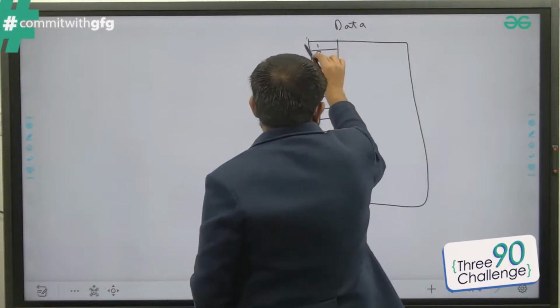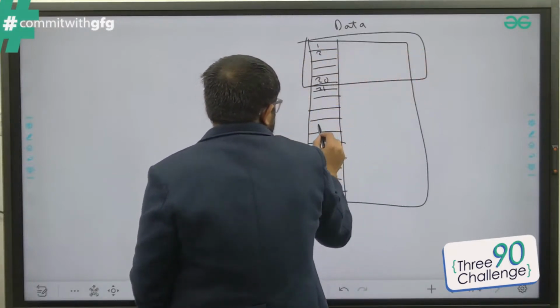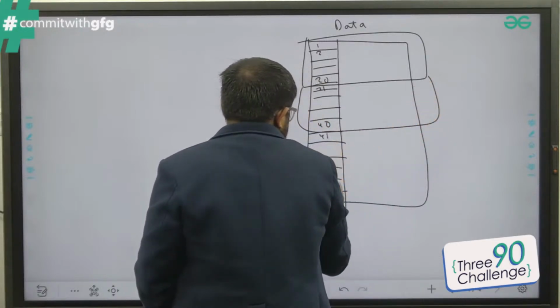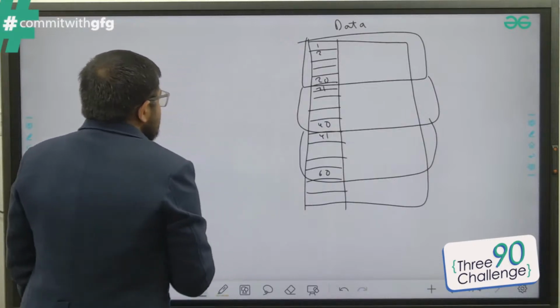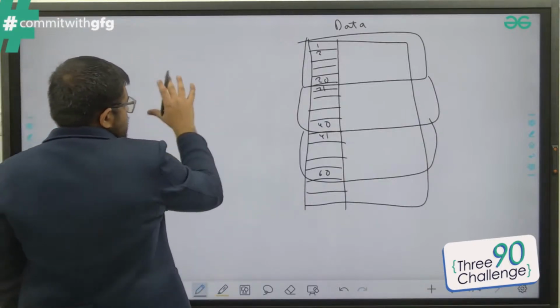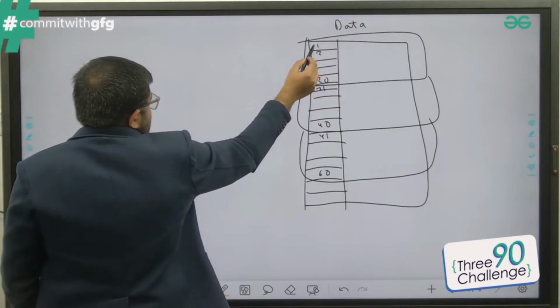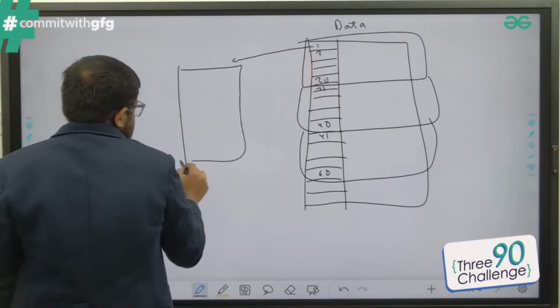The first block of the disk can hold 20 records. Then 21 to 40 will go in the second block, then 41 to 60 in the third block, and so on. Now the index structure which is built will only contain the first values of all of them, so that the index structure is small.